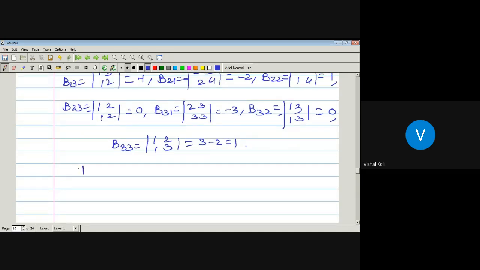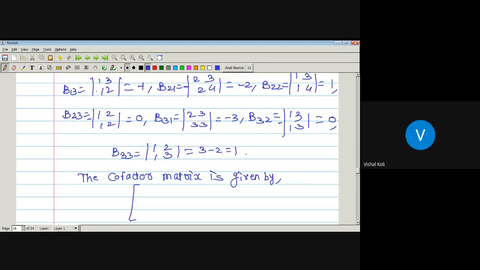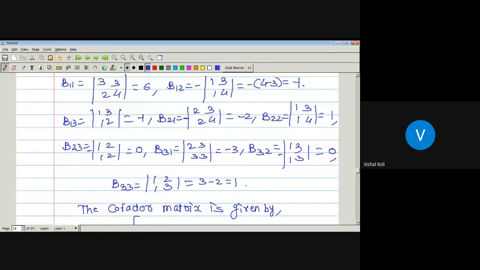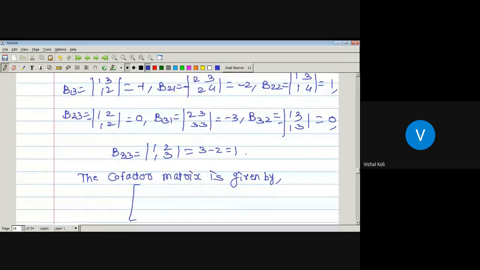So the cofactor matrix is given by, what is the cofactor matrix? First row entries are 6, minus 1, minus 1.